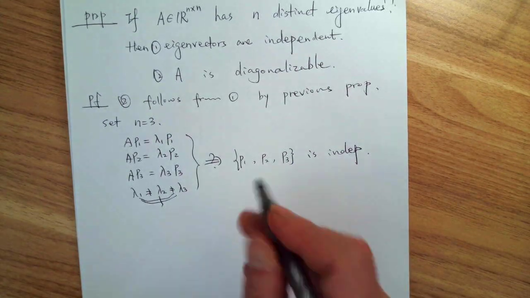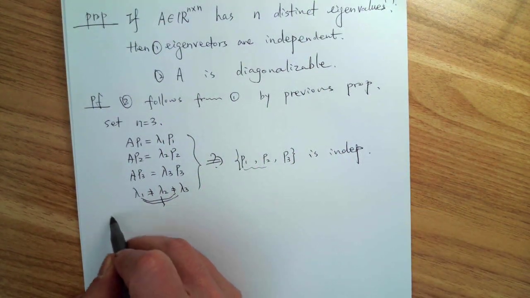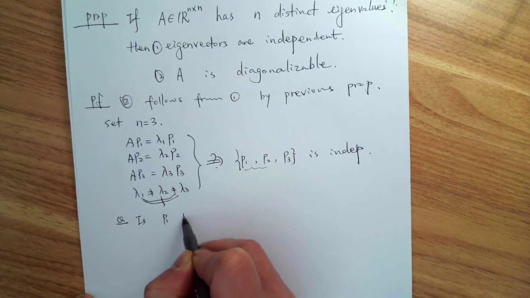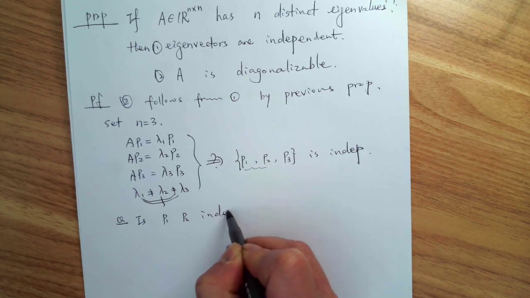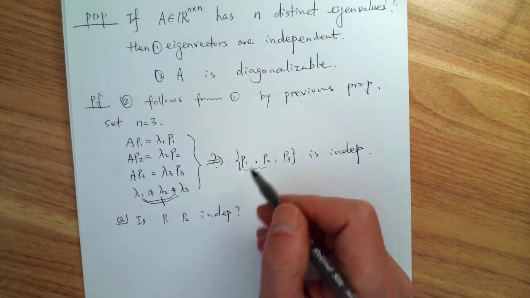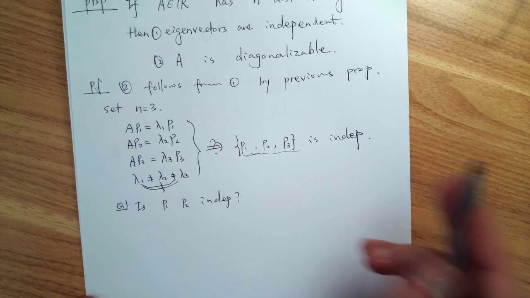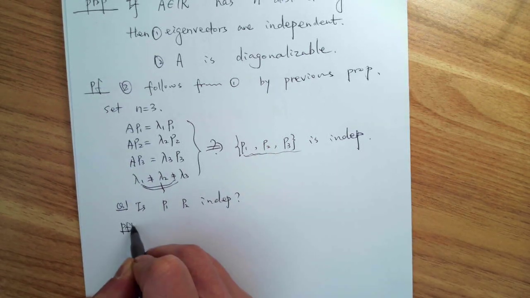So let's look at whether P1, P2 are dependent or not. The question: is P1, P2 independent? That's an easier question compared to the independence of 3 vectors. So the proof is this.